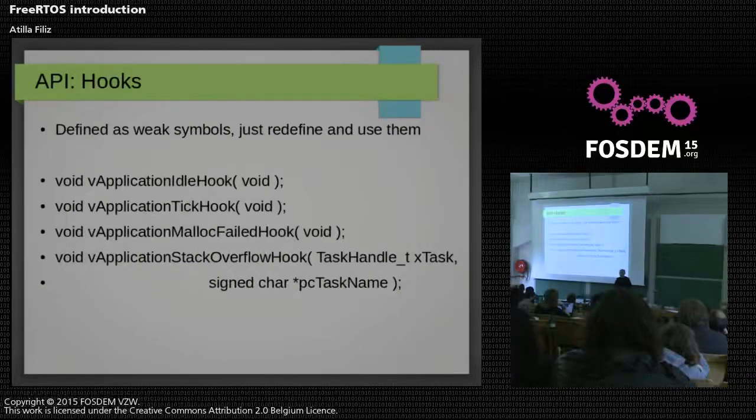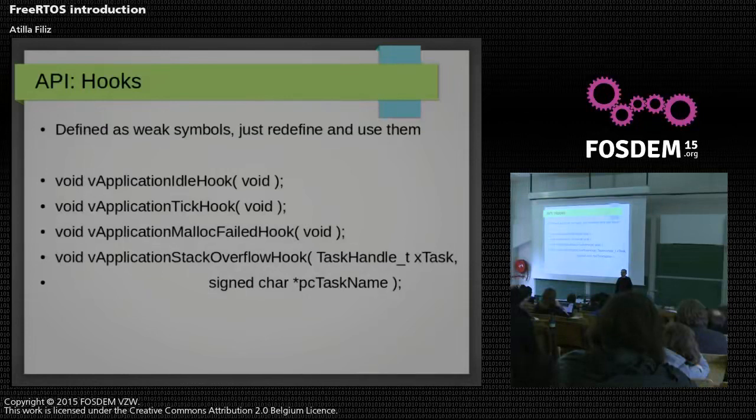So I said we have several hooks. These are some example hooks available. They are normally defined as weak symbols, so if you need to use them, you can redefine them, or you can compile them out. Application idle hook, as I said before, runs whenever the processor is idle. A tick hook runs at clock tick.